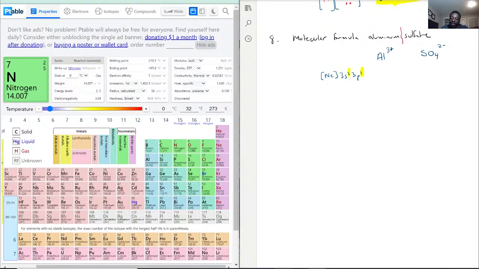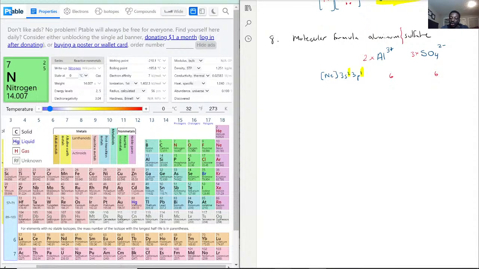So now we want to balance out the aluminum and the sulfate. How are we going to do that? We look at these numbers. We need to find their lowest multiple that has both 3 and 2 in it. The only thing that can do that is 6, because you can't use 3, it doesn't divide evenly by 2. So you need 6 for both. To get to 6 from aluminum, you need times 2, and for sulfate to get there, it needs to be times 3.